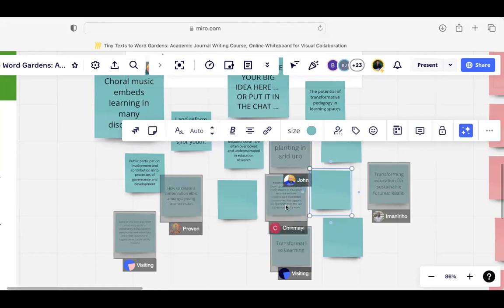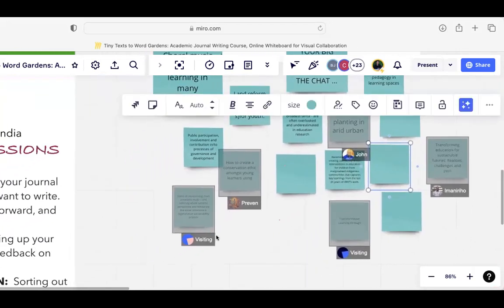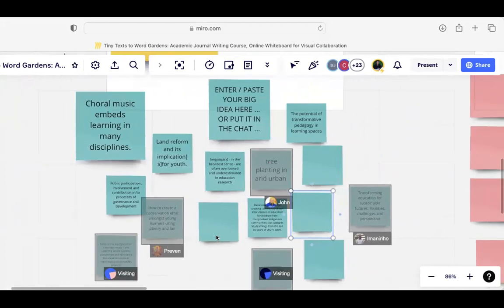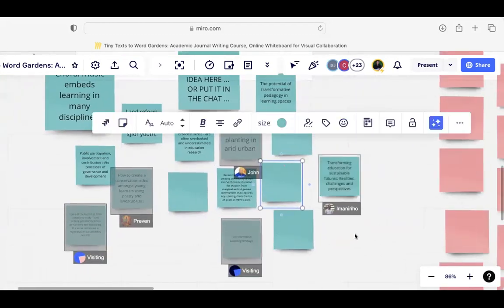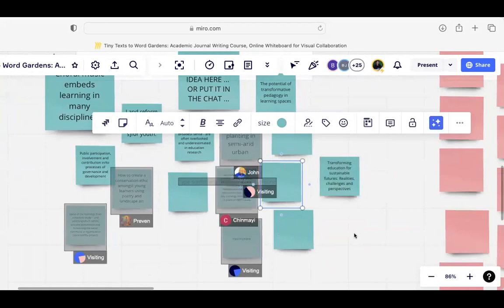Oh, interesting things people are wanting to write about. How to create conservation ethic amongst young learners, and transforming education for sustainable futures, realities, challenges, and perspectives.